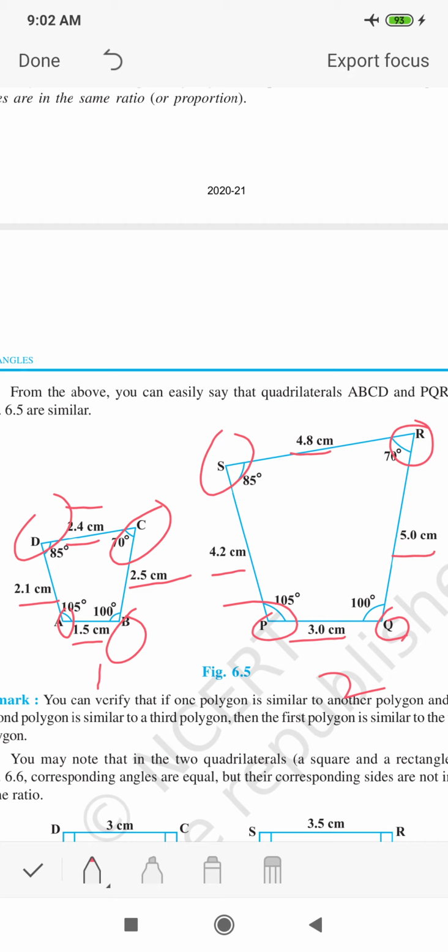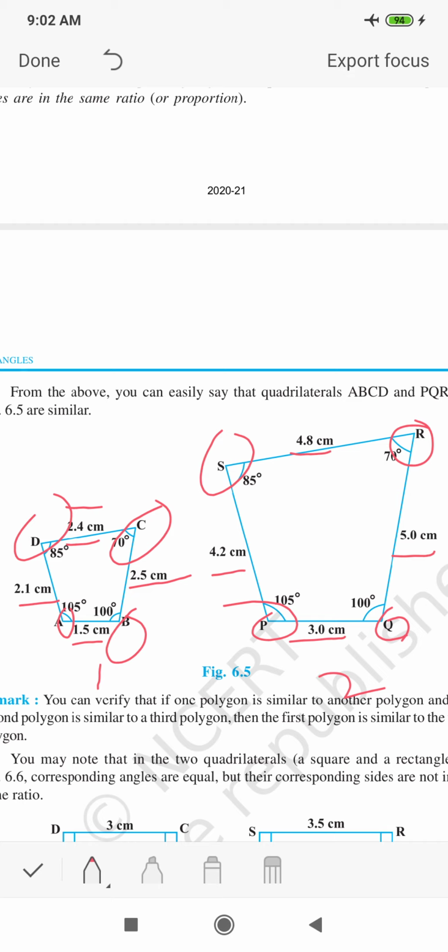Their ratio: AB to PQ is 1.5 upon 3, which is 1/2. AB to PQ is 1/2, BC to QR 1/2, CD to RS 1/2, and AD to PS also 1/2. So their angles are equal as well as their sides are in the same ratio.